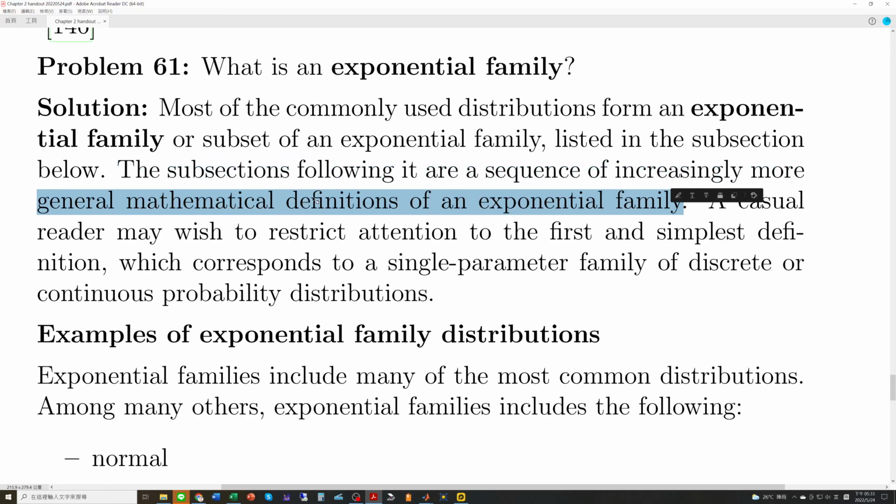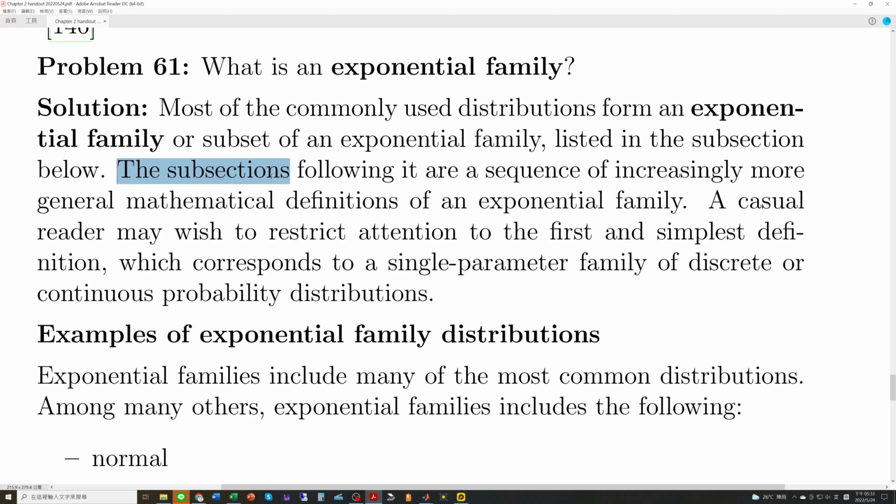However, due to the time limitation, I do not plan to introduce the subsections following these. If you want to see them, you can click on the hyperlink at the end of this solution.